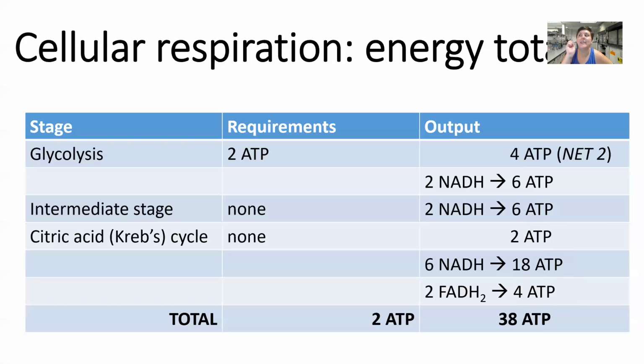1 6-carbon sugar. 1 6-carbon sugar gave us 38 ATP. If you account for the fact that cellular respiration is a huge metabolic pathway, and it only required 2 ATP, you generated 38.